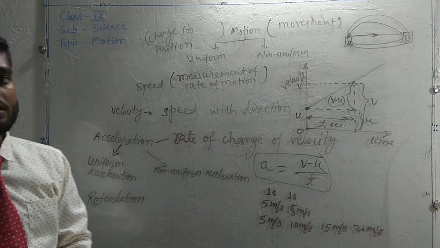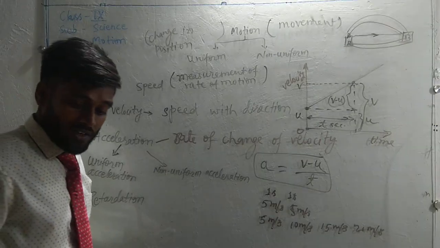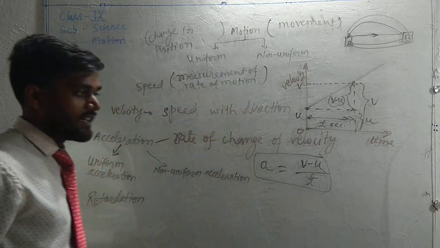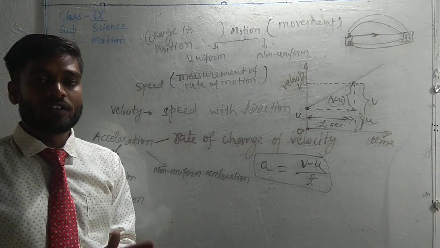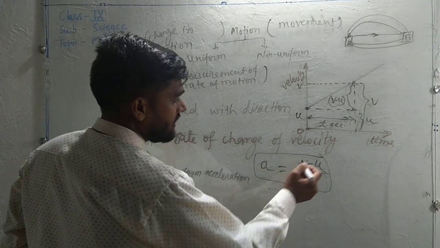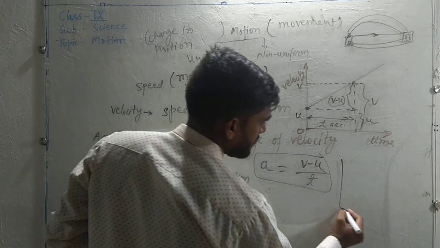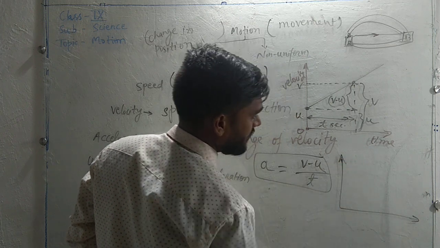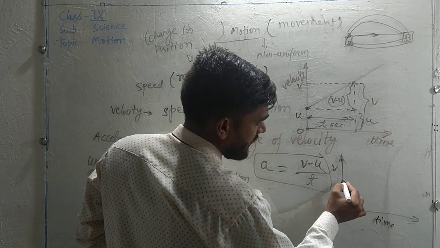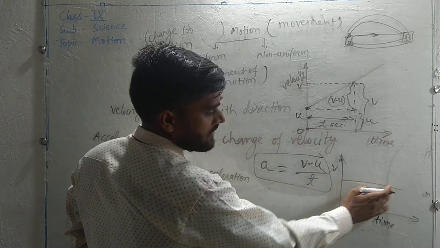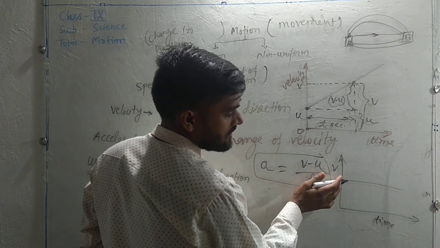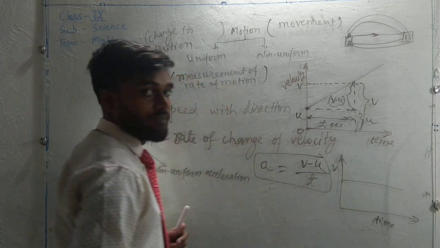One more thing you must consider, that acceleration can be zero. Why? Because if velocity is constant, if velocity does not change, at that time the change in velocity will be zero. Understand this from a graph: let this be velocity, let this represent time, and velocity is constant. It represents that time is changing, but velocity is never changing.